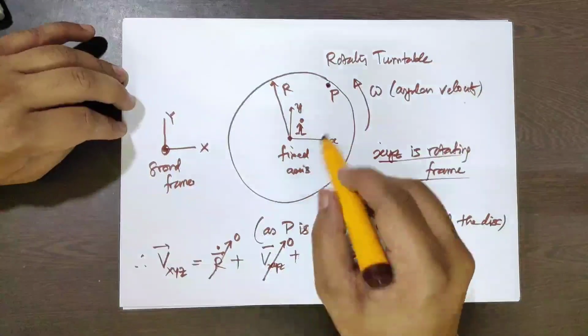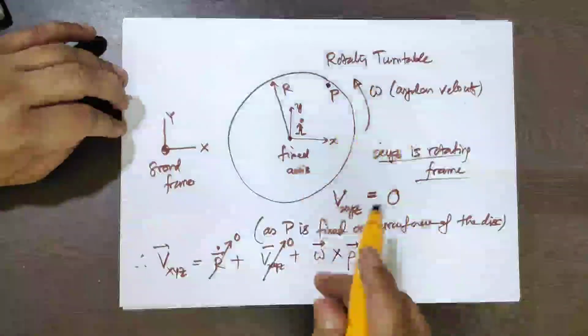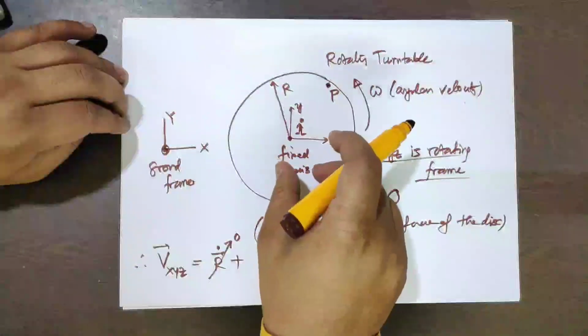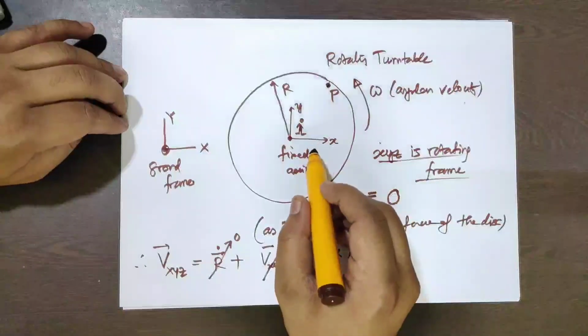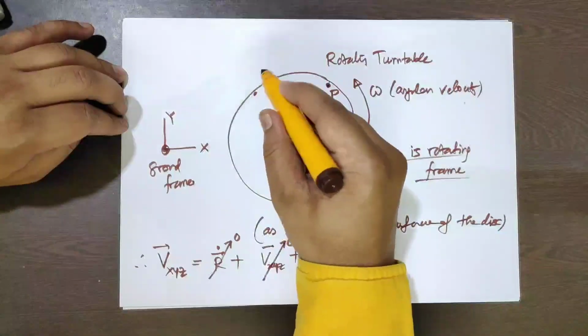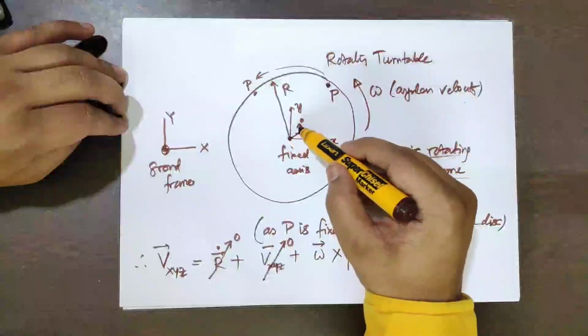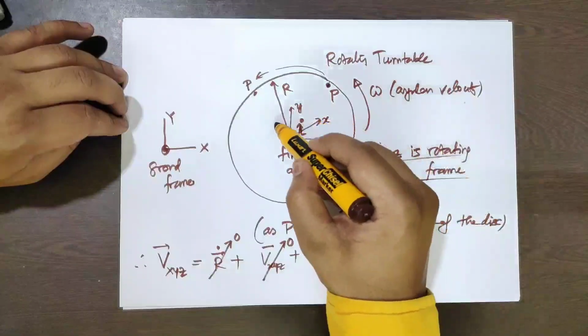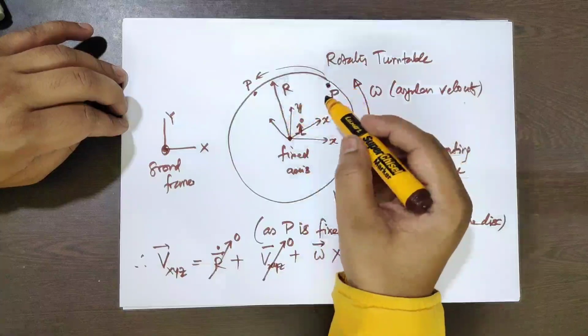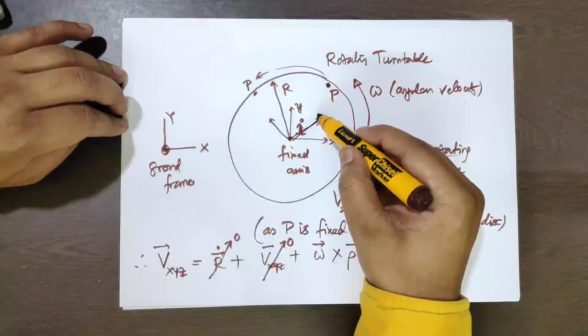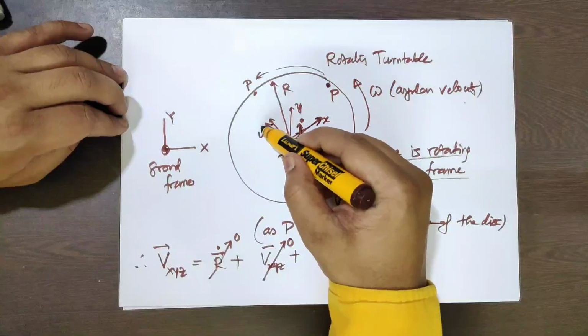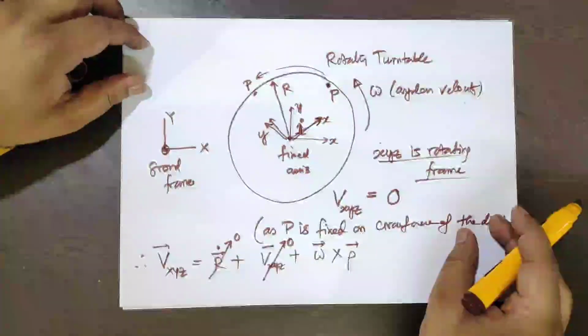with respect to a frame which is rotating with this turntable, after a certain time, when this particle moves here, this set of axes will also move, the x axis and y axis and the z axis on top.